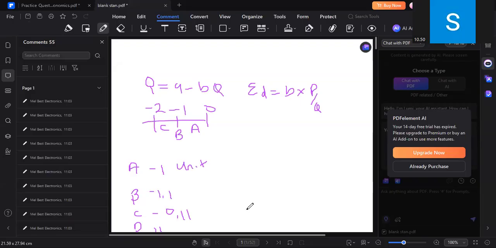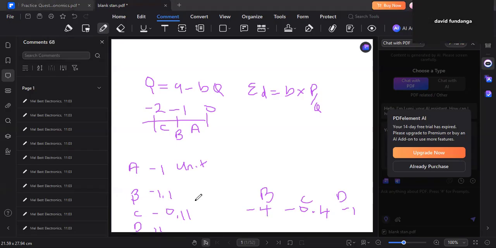All right. So let's try again. -4, negative 0.4, negative 1. So B, C, D. Which one is elastic? Which one is inelastic? And which one is unit elastic? D is unit elastic.